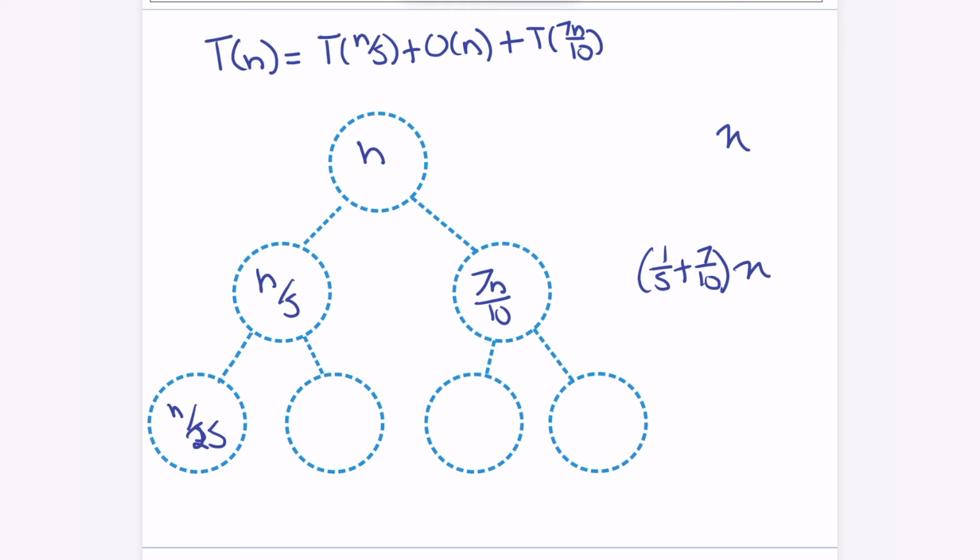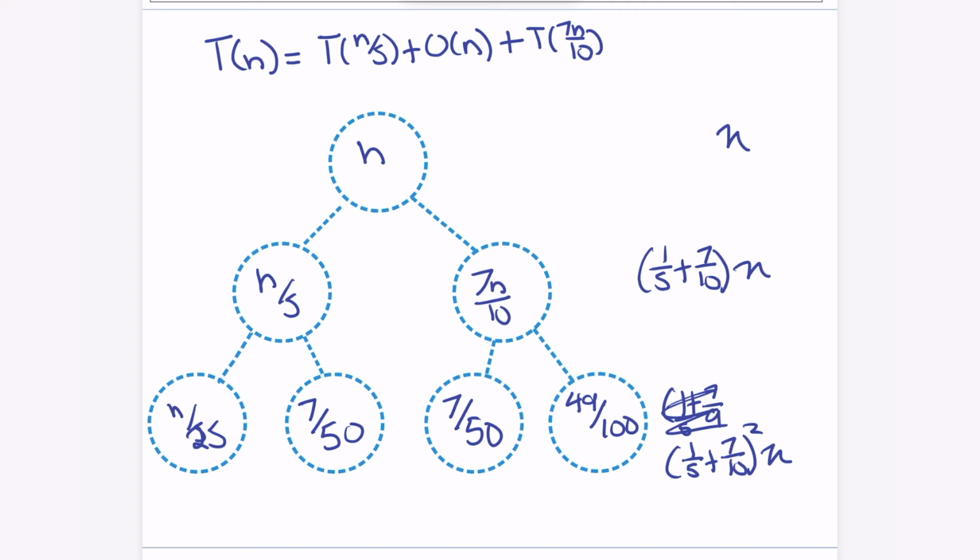So what's 1/5 times 7/10? 7 over 50 is not that bad. 7 over 50, 49 over 100. But really this is 1/5 plus 7/10 squared times n, and so forth.